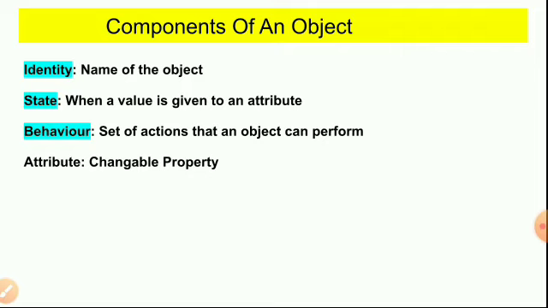So, we have just taken an example of a dog object. Let's understand what the state of a dog object might be. State means the attributes. I am correlating both of them. A dog will have what kind of attributes?